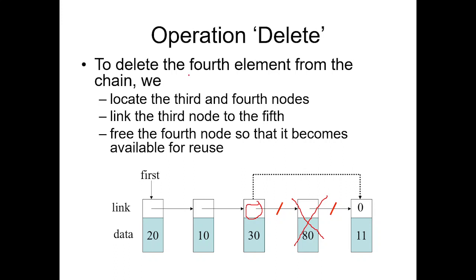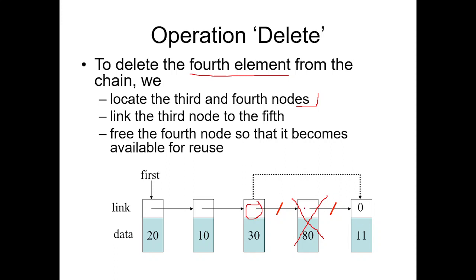If we want to delete the fourth node or fourth element, we need to locate both the third and fourth nodes: the fourth node, the one that is going to be deleted, and the node before it, which is going to point to the node after this one. We need to get hold of both these nodes. We link the third node to the fifth one.